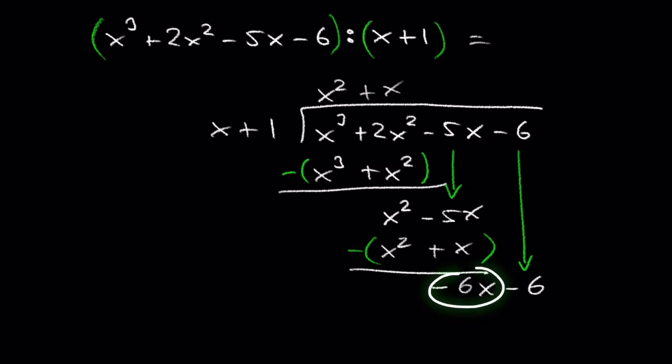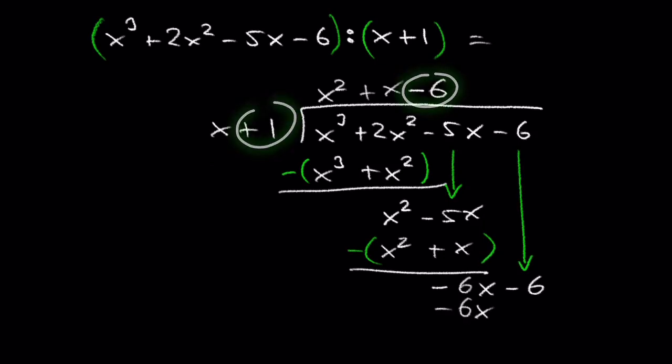Negative 6x divided by x is negative 6. Negative 6 times x is negative 6x. And negative 6 times 1 is negative 6.